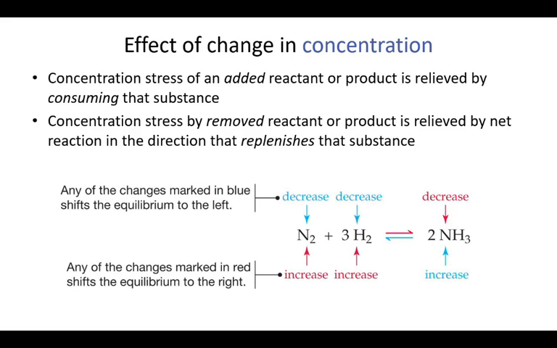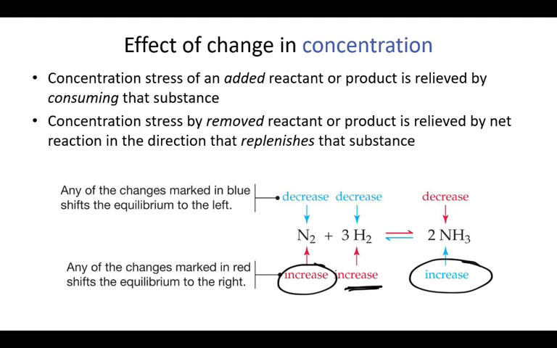So let's talk about our four factors. The first is concentration. Concentration stress of an added reactant or product is relieved by consuming that substance. So in our last example, we saw that adding N2 would cause a decrease in H2 and an increase in NH3. So you see here that if we increase H2, that would also cause an increase in NH3.